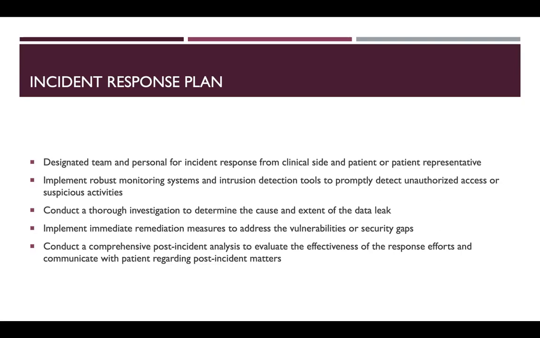So basically, identify where the holes in our prepared system are, and then try to fix those as quickly as possible. And lastly, we should conduct a comprehensive post-incident analysis to evaluate the effectiveness of the response efforts and communicate with the patient and patient representative regarding the post-incident matters, or probably there are legal teams from both sides involved if the incident does happen.